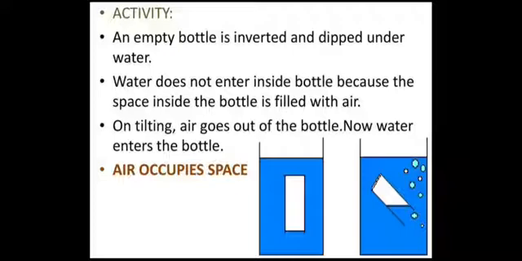You would see that none of the water, not even a single drop, enters the water bottle. It is because there is no air inside the bottle. Whereas if you slightly tilt it, the bubbles are seen. The bubbles seen inside the water beaker indicate the presence of air. Only then the water enters the bottle.